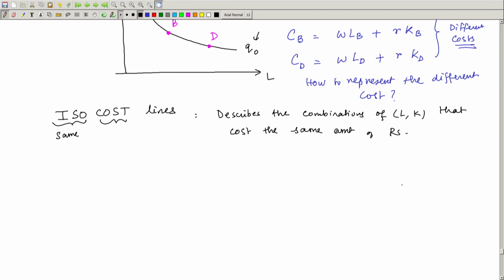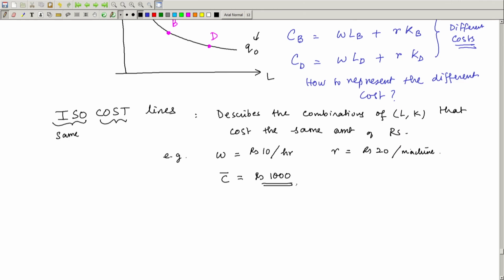For example, if my input price of labor is, let's say, rupees 10 per labor hour, and the input price of capital is, let's say, rupees 20 per machine or per unit of capital, and let's say the top management gave me a budget of rupees 1000, right? So top management told me that here is an outlay, here is 1000 rupees that is available to you. You can use this 1000 rupees, but you can't exceed that. These are the input prices of labor and capital.